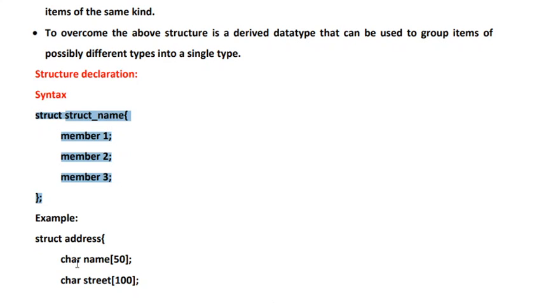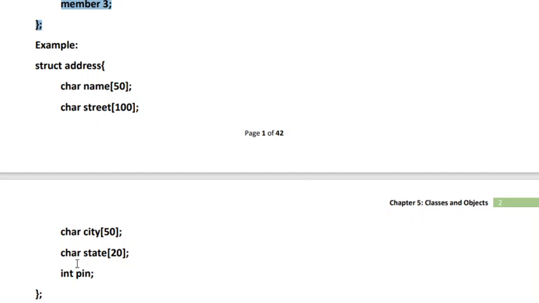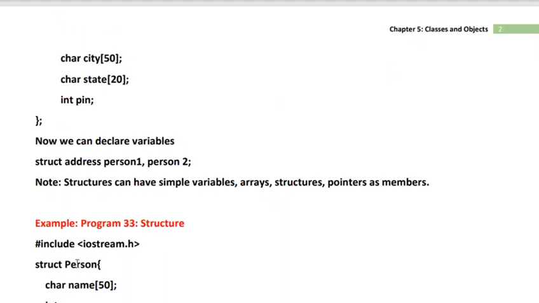For example, here we have declared a structure address where the members are name, street, city, state, and pin, where the five members are of different types. Four are character arrays and one of them is an integer. Once the structure has been declared, we can use it to declare variables.